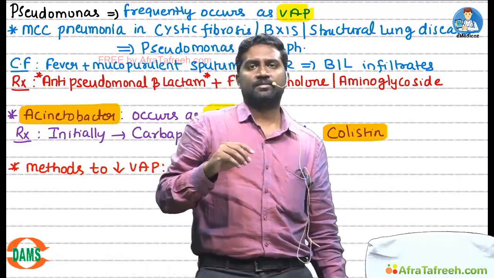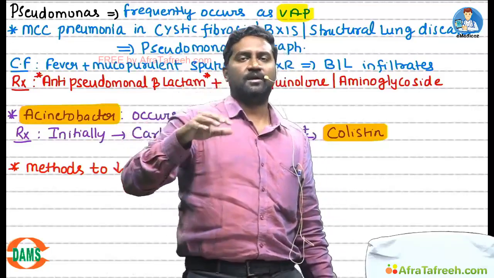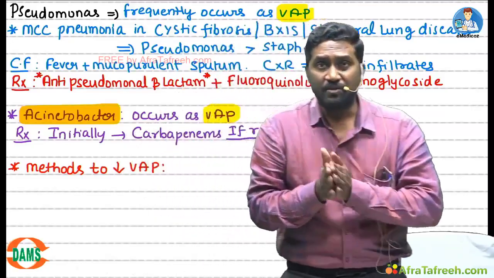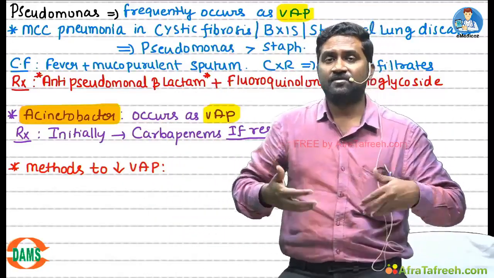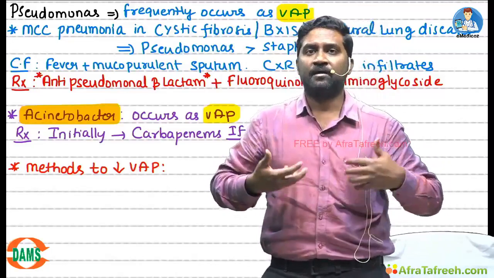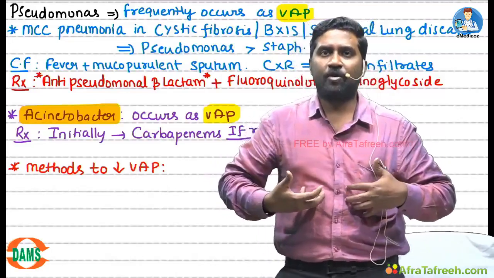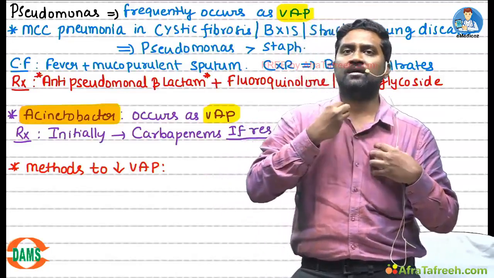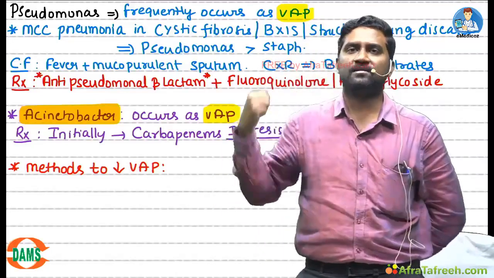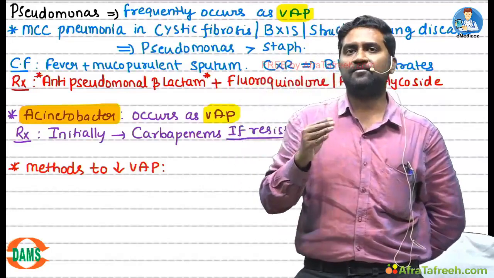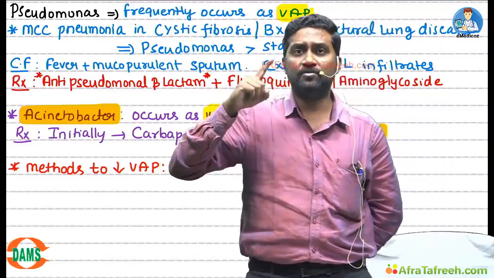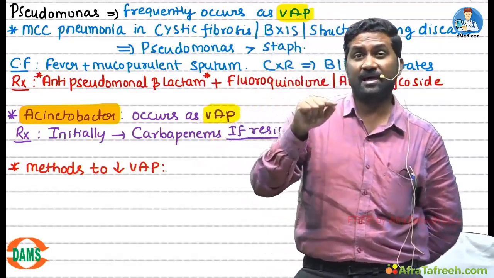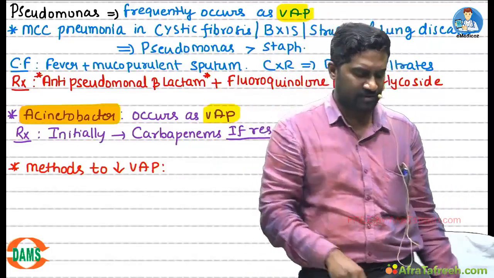And third important thing, at some point of the day I am going to reduce his sedation. Once you reduce his sedation, his cough reflex will come back. So this patient can cough the secretions at least up to the trachea, and I can suck out the secretions. And finally, wherever feasible, I should use NIV instead of IMV, because NIV has fewer chances of ventilator associated pneumonia.